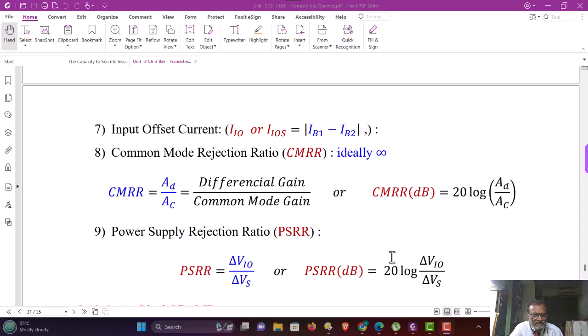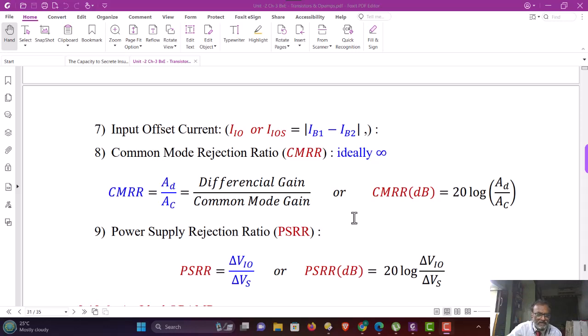CMRR is defined as the ratio of differential gain to common mode gain. In decibel, the CMRR is defined as 20 log of AD by AC, where AD is the differential gain and AC is the common mode gain.